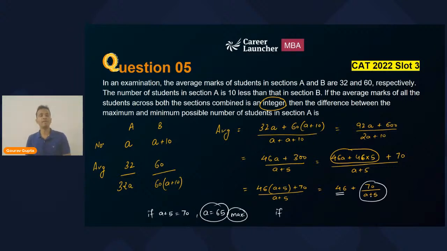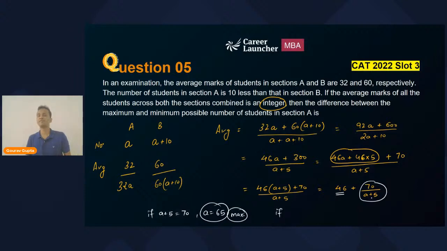Now for the minimum value of a plus 5, the smallest factor of 70. The smallest factor of 70 is 1, but a plus 5 cannot be 1. Then the next factor is 2. Again, a plus 5 cannot be 2. Next factor of 70 is 5.